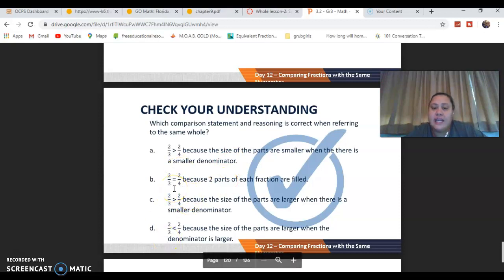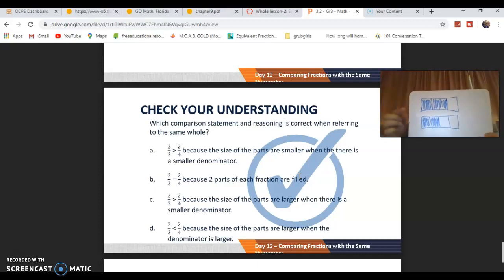So this is our reasoning, our why. A says 2/3 is greater than 2/4 because the size of the parts are smaller when there is a smaller denominator. So let's reread that again, listen in carefully. A is stating that the size of the parts are smaller when the denominator is smaller. Well, looking at our example, this top one here has a denominator of 3. This bottom one has a denominator of 4.